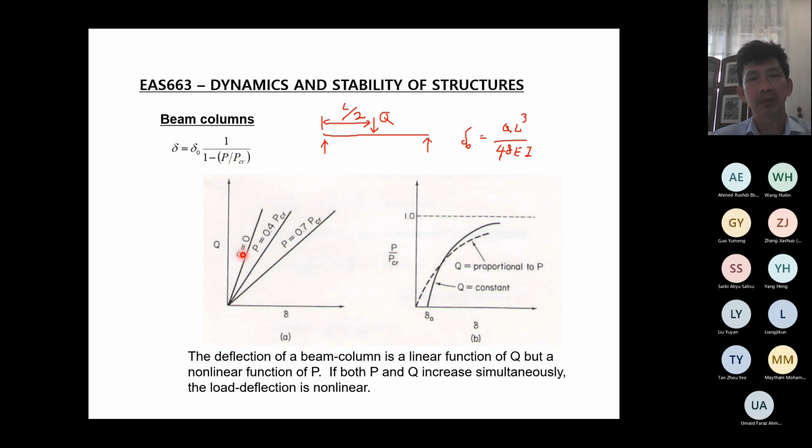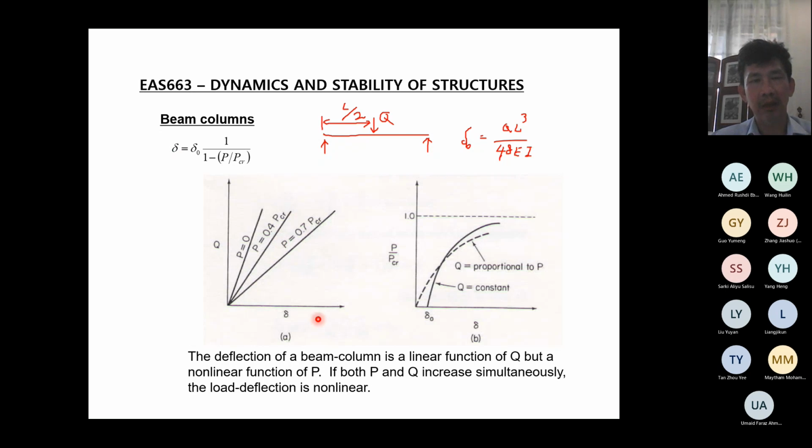Shown here are P over P critical of 0, which is no axial force, then 0.4, then 0.7. With each ratio of P over P critical, we increase Q and find the corresponding delta.